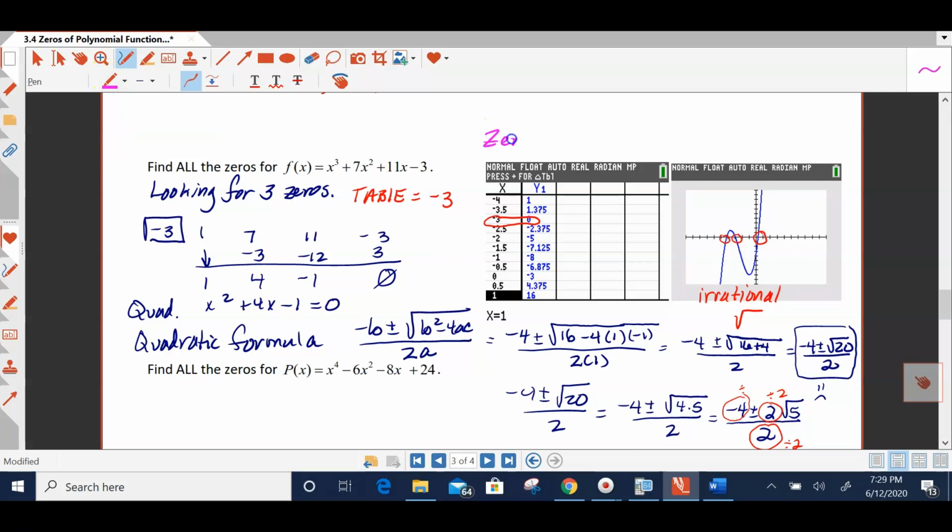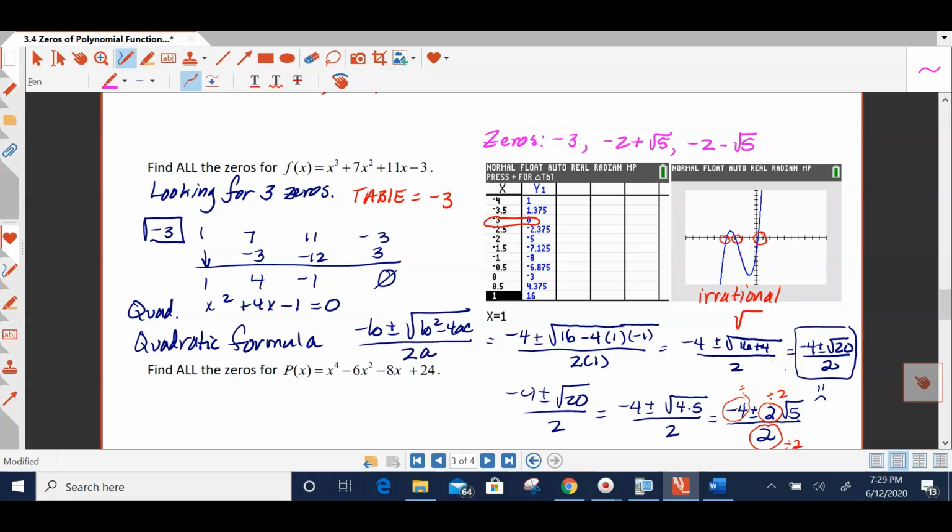For this problem, our zeros are -3, then -2 plus the square root of 5, and -2 minus the square root of 5. Remember, those that are irrational will always come in conjugate pairs because they come from a quadratic, and when you have a quadratic, you always have plus or minus in the middle.